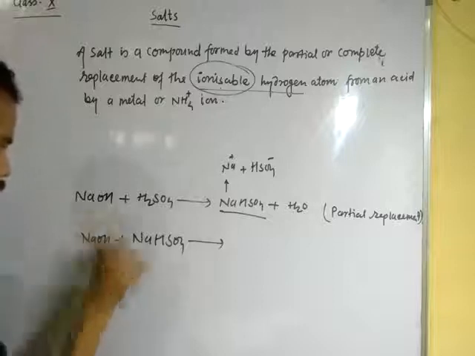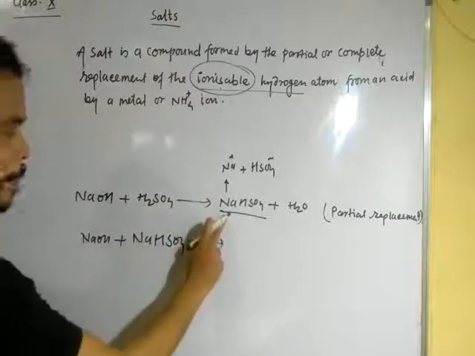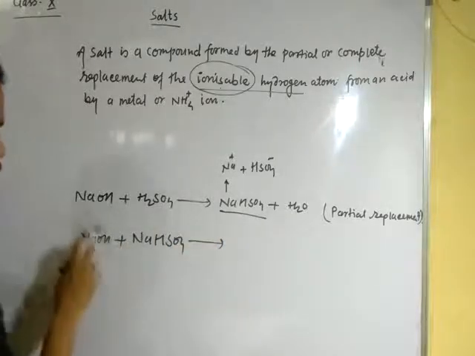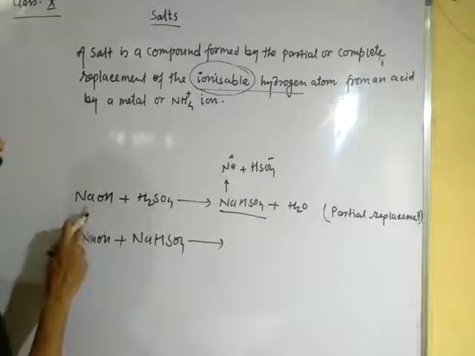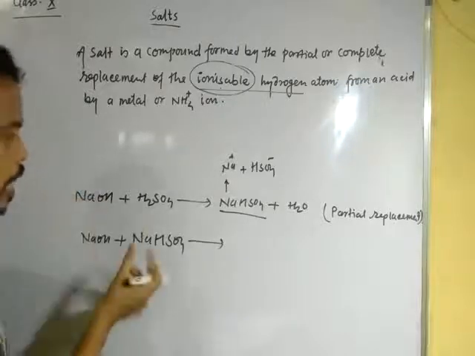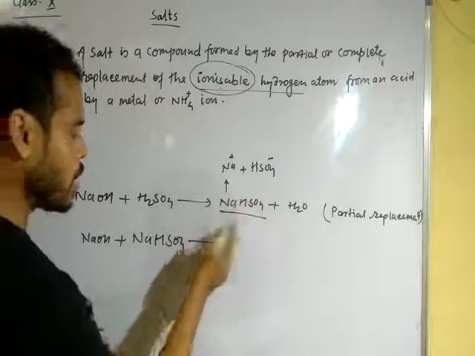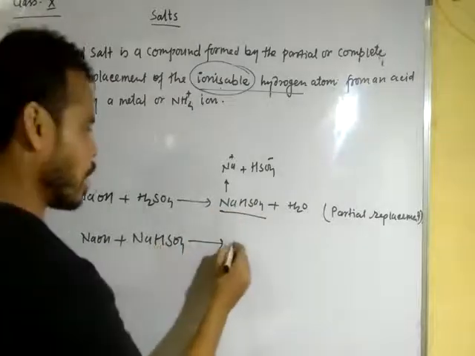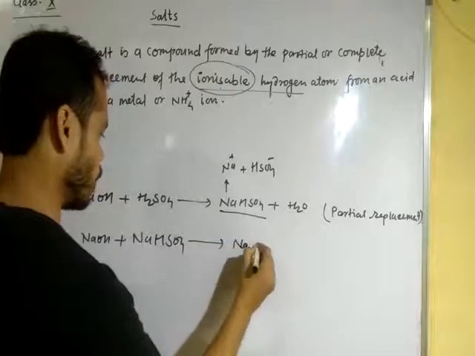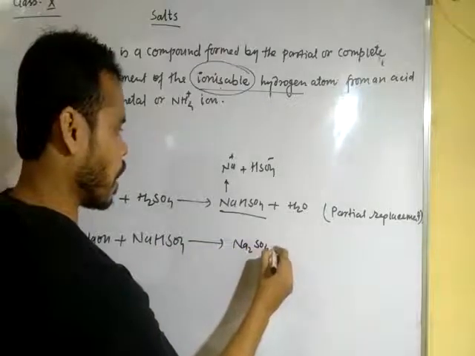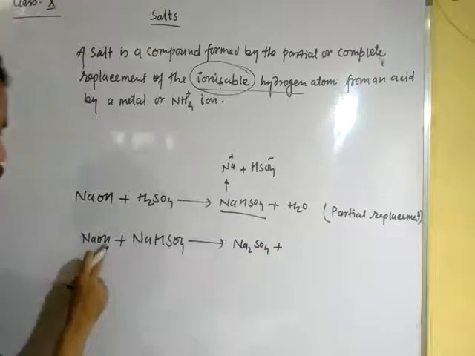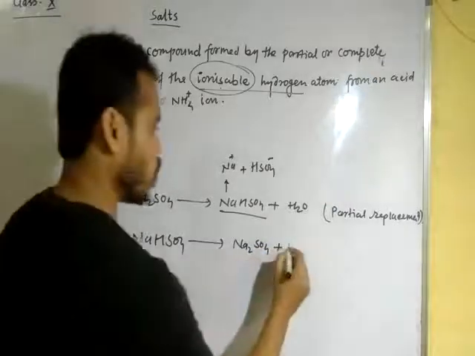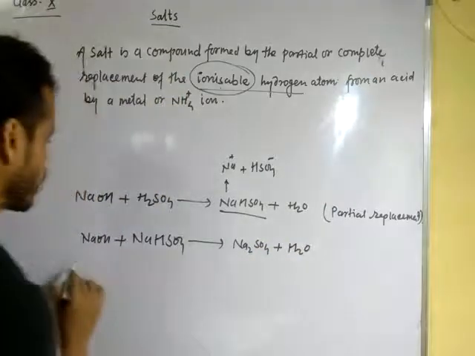So in this reaction, a second molecule of sodium hydroxide will react with sodium bisulfate, replace the hydrogen atom and form Na2SO4 plus another molecule of H2O.